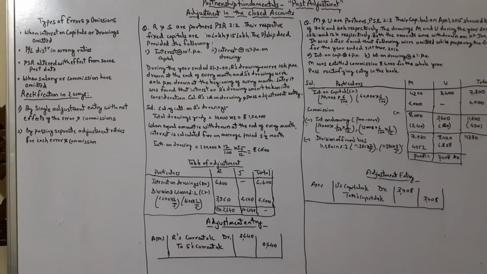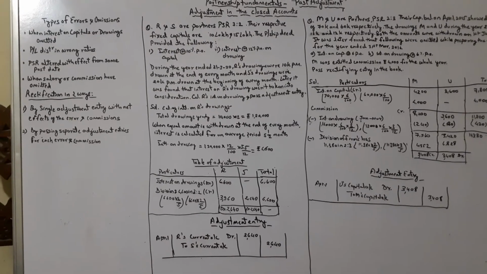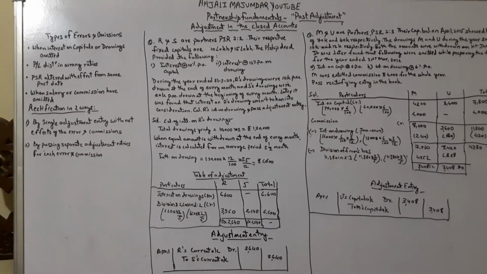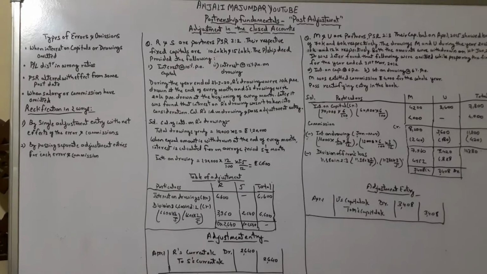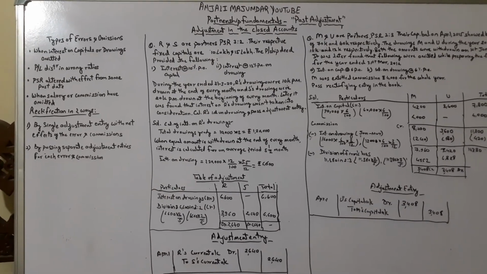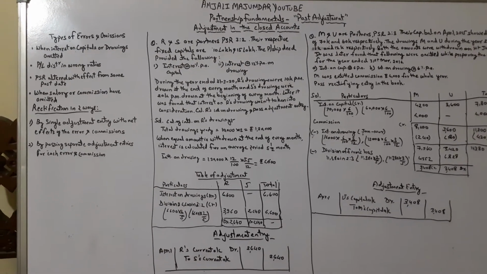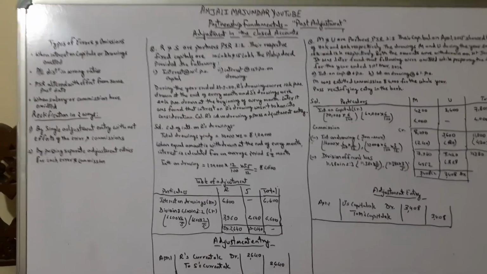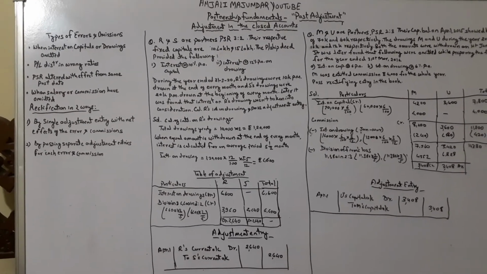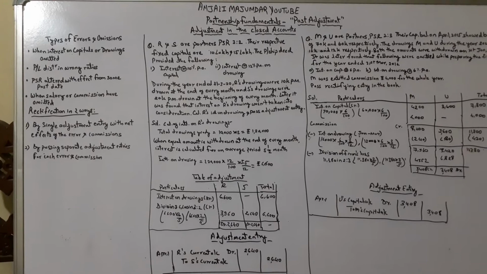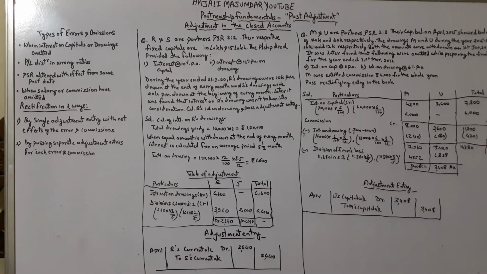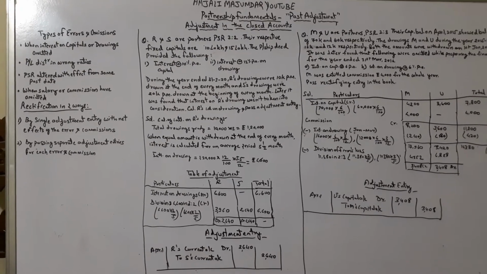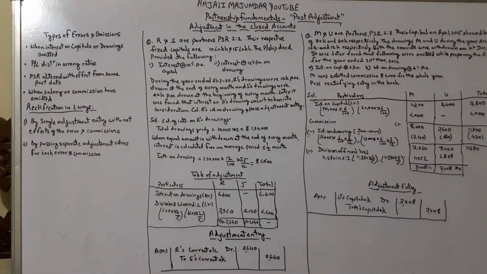Then we will prepare a table of adjustment, which is followed by the adjustment entry. Whatever calculation you make in the initial table will be transformed into the adjustment entry. Now see how. We draw these columns: particulars, the partners' names, and total. Interest on drawings is 6,600 for R, because R's was not taken into account.